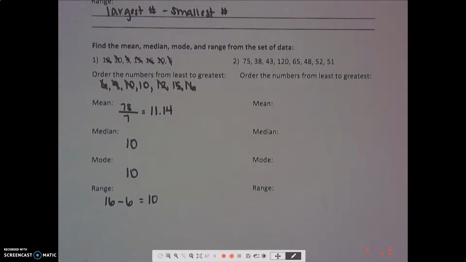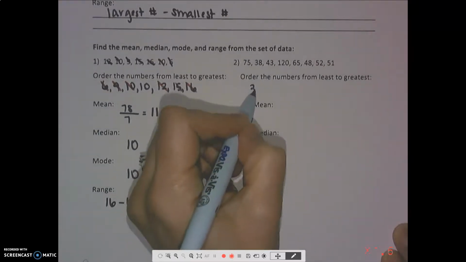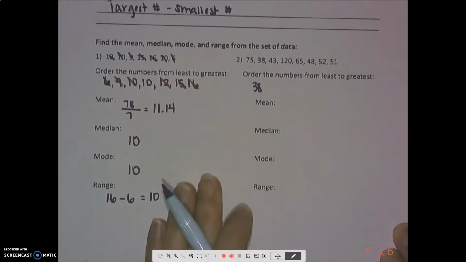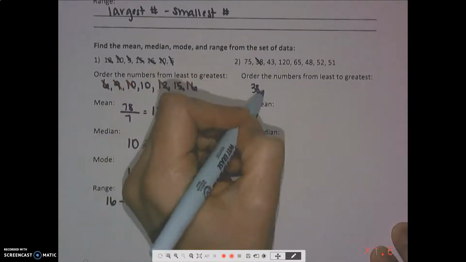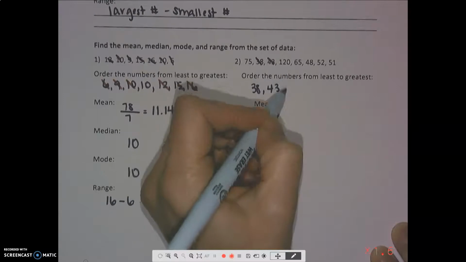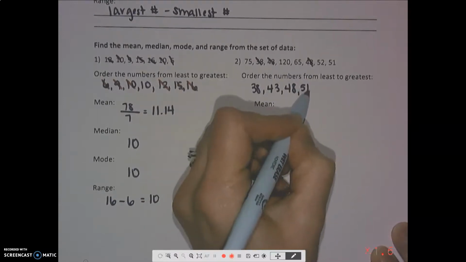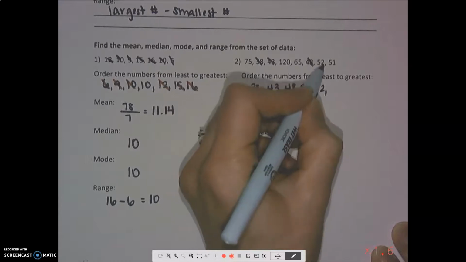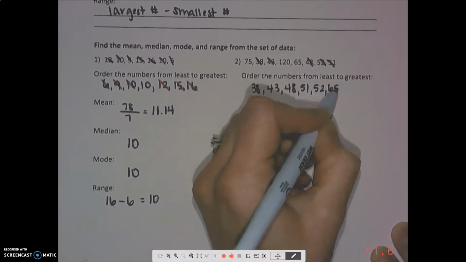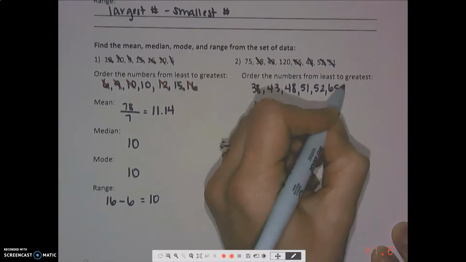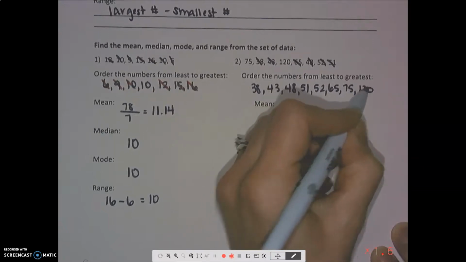We have this list here, and again, we're going to order them from least to greatest. So we would have 38, 43, 48, 51, 52, 65, 75, and 120.